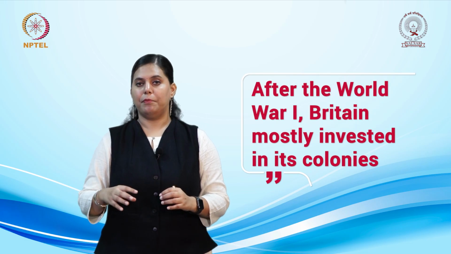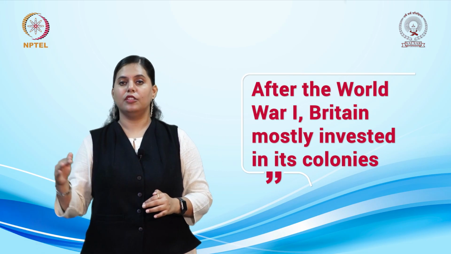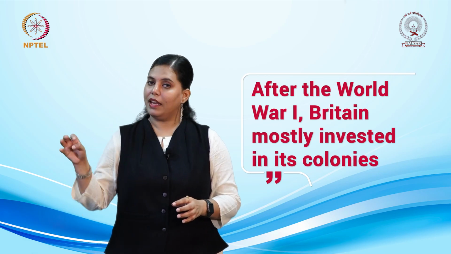And what we see here is, after World War I, whatever investments were made by British investors were mostly made in colonies. Even then, the amount of money invested in colonies was significantly reduced when we compare the pre-war and post-war data.